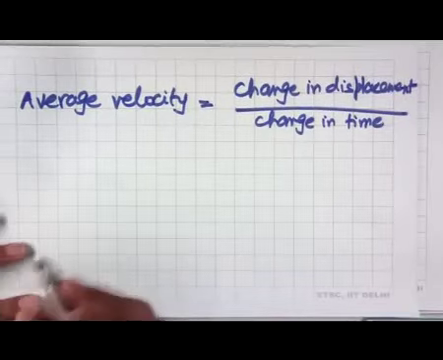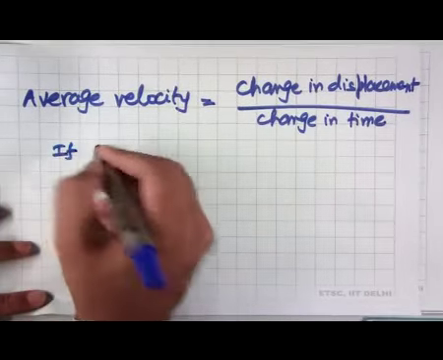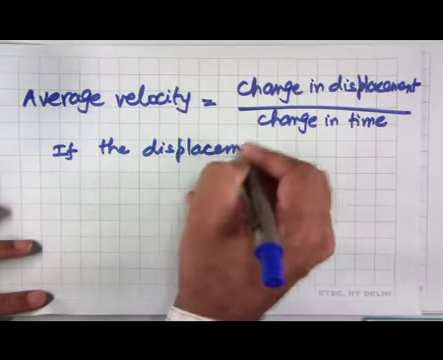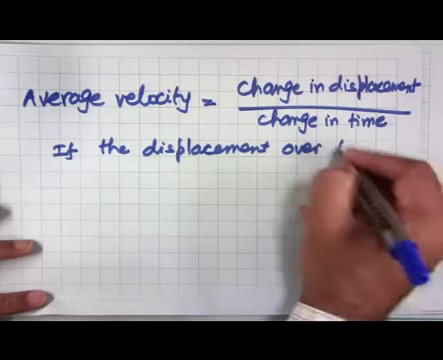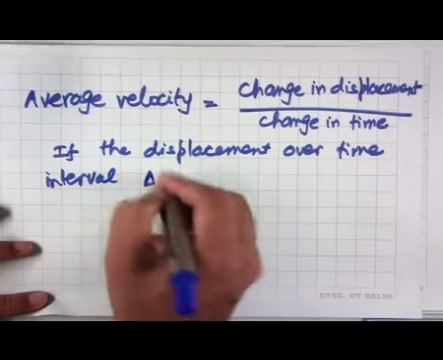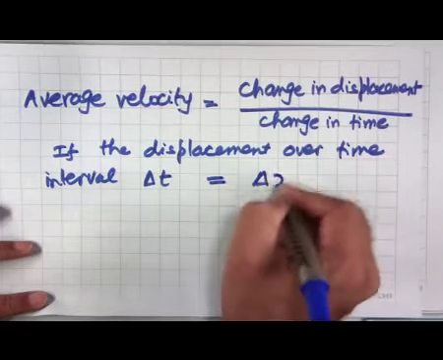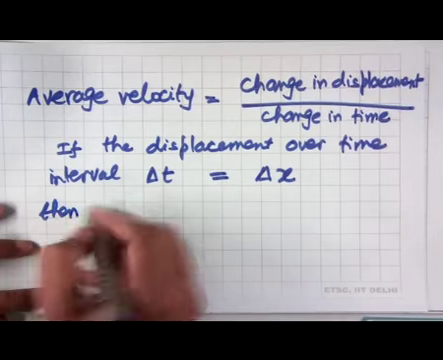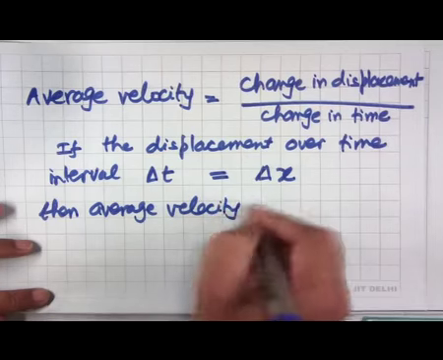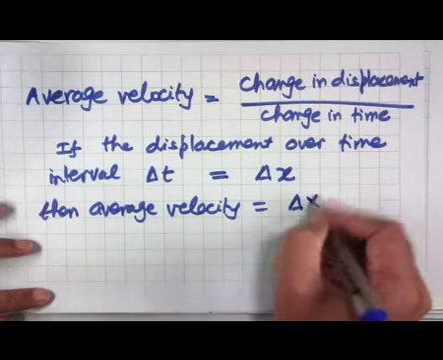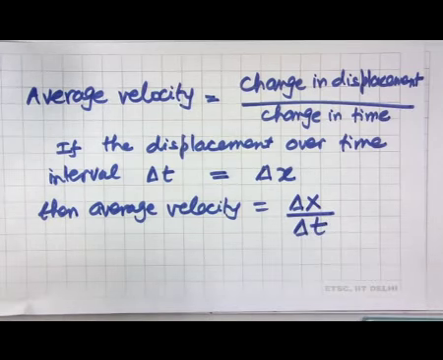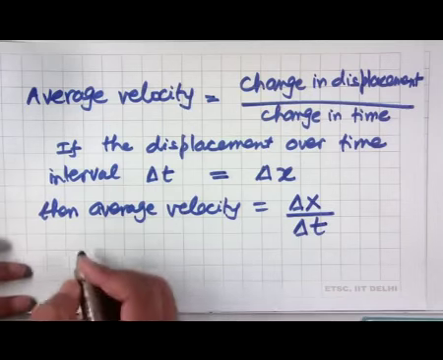What this means is that if the displacement over a time interval delta t is equal to delta x, then average velocity will be equal to the change in displacement divided by the time interval, which is delta t. So, delta x upon delta t is equal to average velocity.